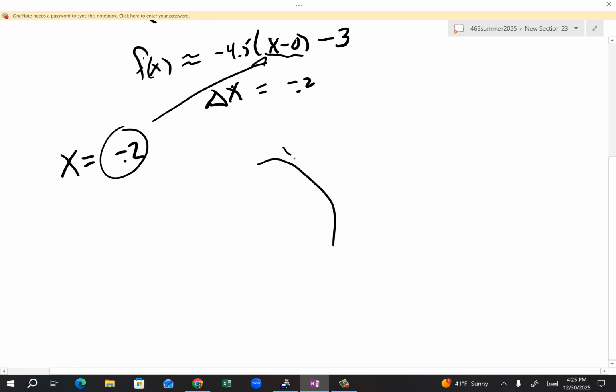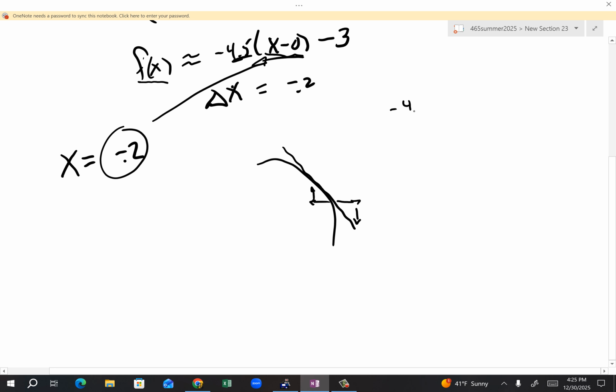If here's your function and here's your tangent line, my tangent line has a negative slope. So when I go in the positive direction, I go down. When I go negative, I go up, and so the change is going to be positive. So this times this is your change in y.